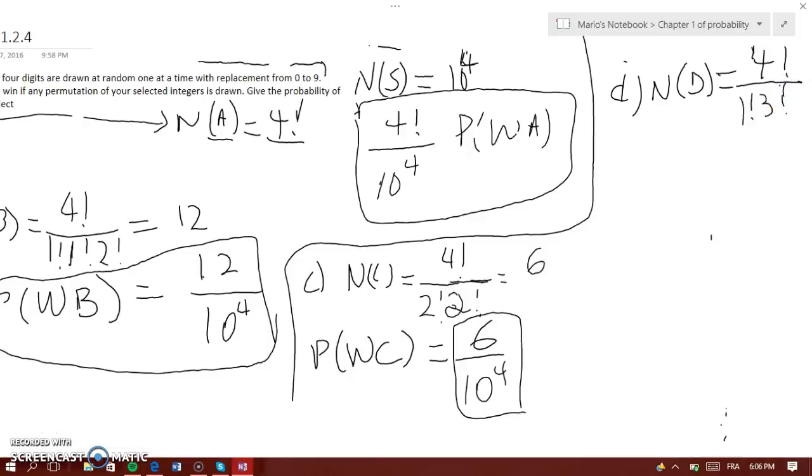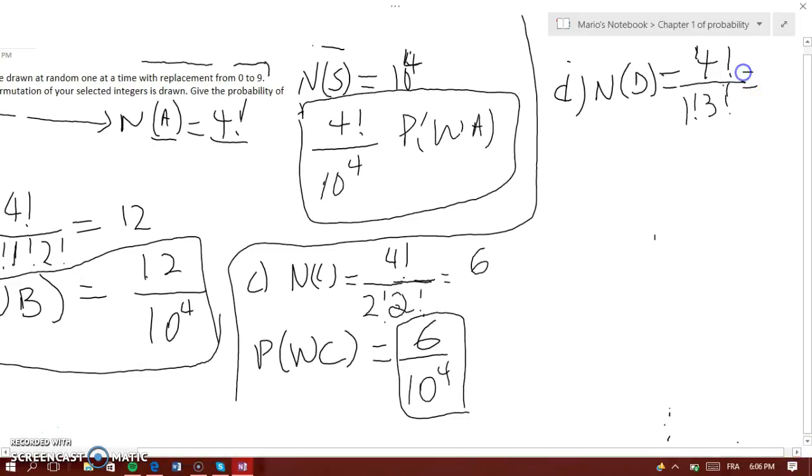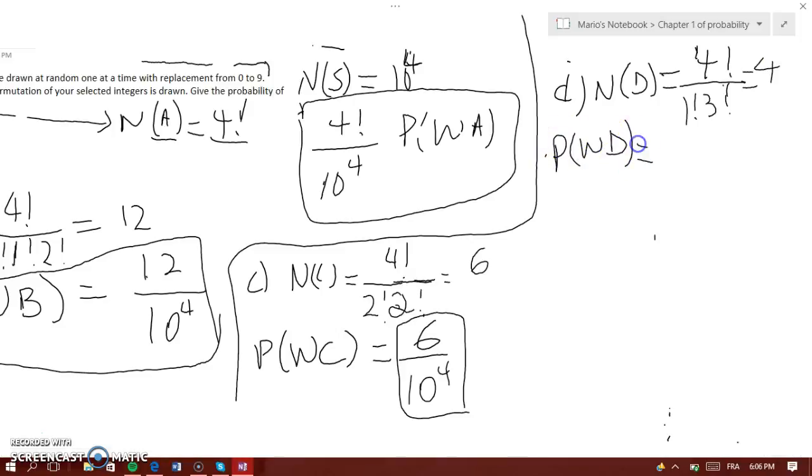And that would equal 4. So the probability of winning for D is 4 over 10 to the power of 4.